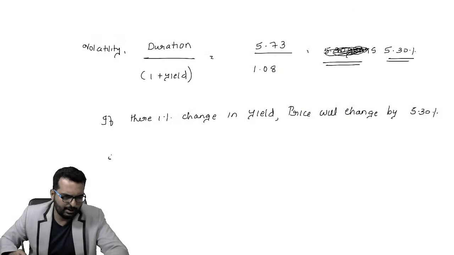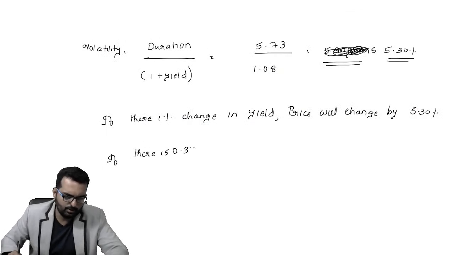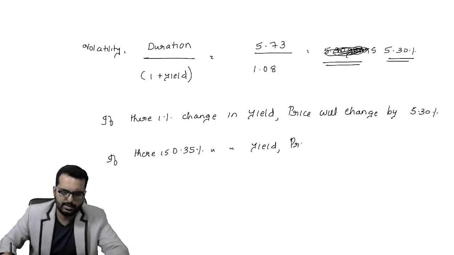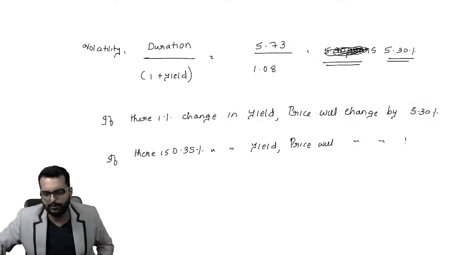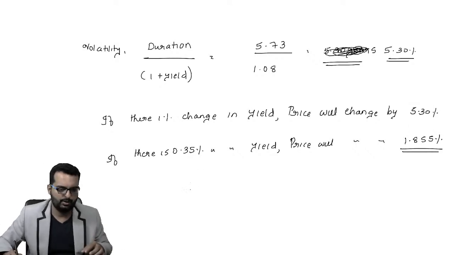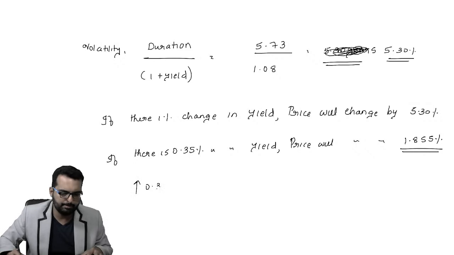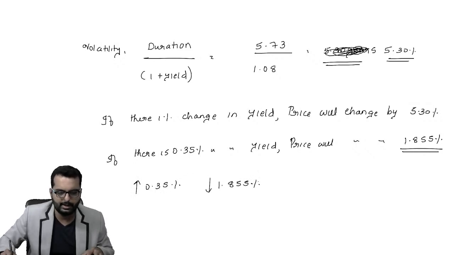So I'll write down, if there is 0.35% change in the yield, then what will happen to the price? The price will change by 5.3 into 0.35, that is 1.855 percentage. All right. So if the yield goes up by 0.35 percentage, the price will fall by 1.855.